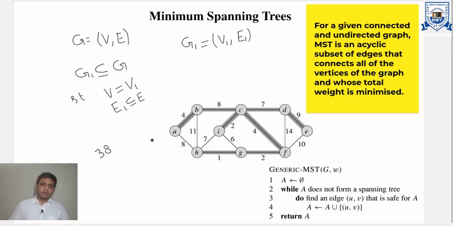Now what is the meaning of minimum here? Suppose I am not picking these edges but some other edges. Suppose instead of this edge I have selected this one, and instead of this edge I pick this one.